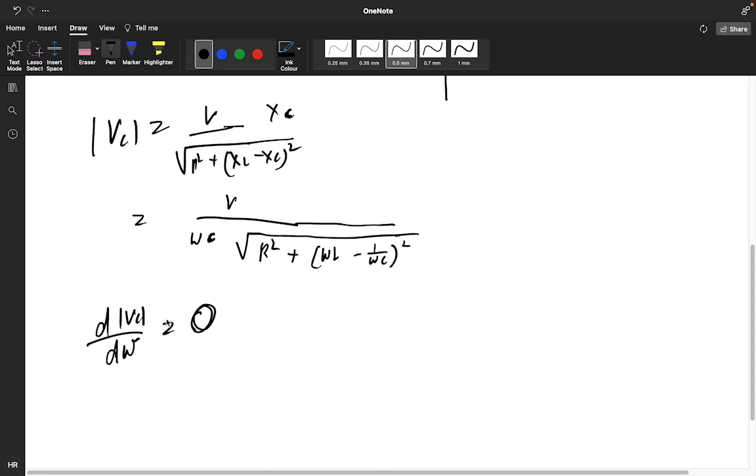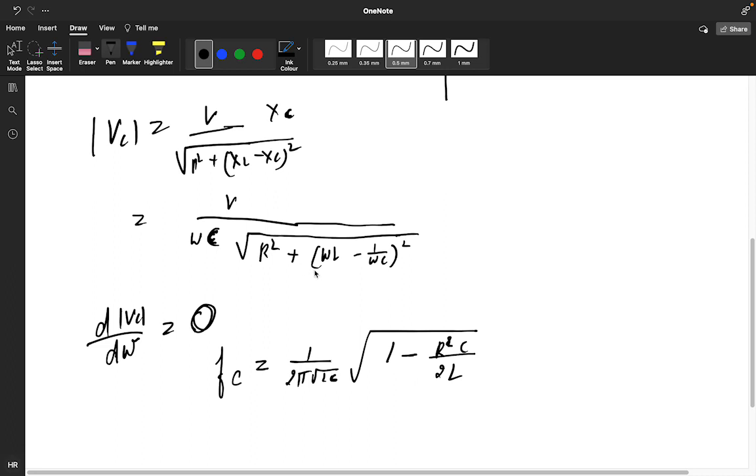If you do the derivation and solve this, you will get the particular frequency FC, which will be 1 by 2 pi root under LC, under root 1 minus R square C divided by 2L.